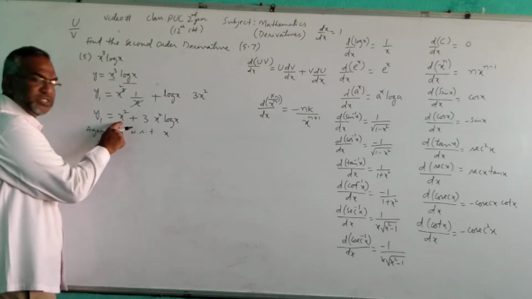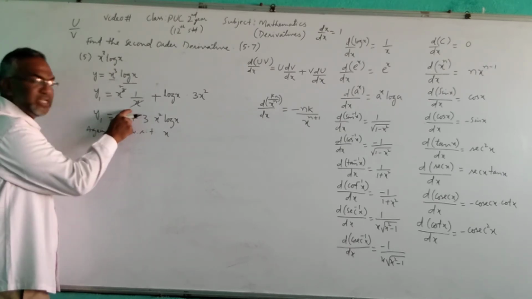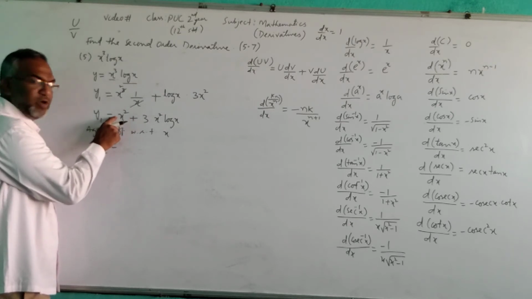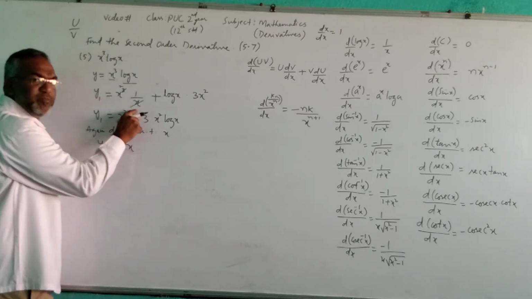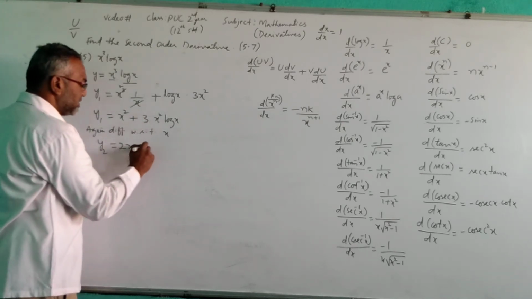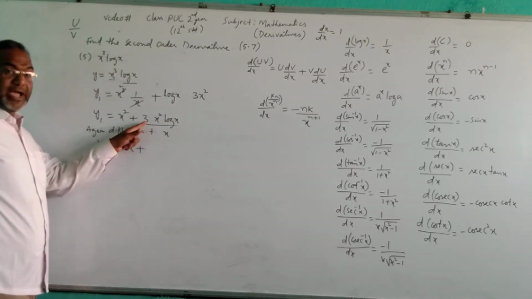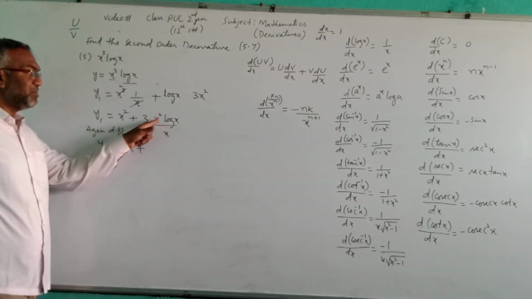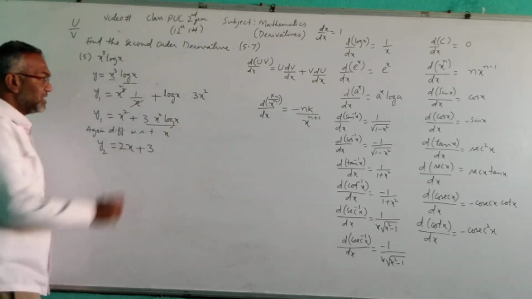Differentiation of this term is same as x raised to n, so 2 will multiply in the coefficient, and the power 2 will decrease by 1, 2 minus 1 is 1, so when power is 1 no need to write. Plus, now this one: 3, I told you, constant when multiplied to function, keep the constant as it is, and then differentiate this.